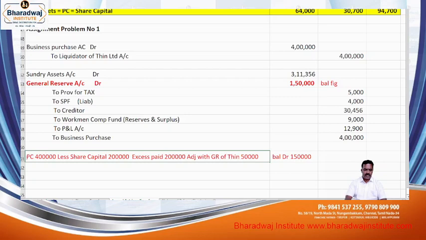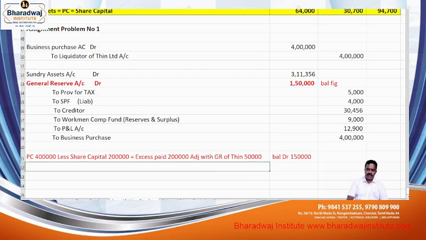Clear. Purchase consideration minus share capital 2 lakhs. The excess paid is how much? 2 lakhs. That is adjusted with which one? General reserve of thin, 50,000. Balance gets adjusted with what? Debited to general reserve.